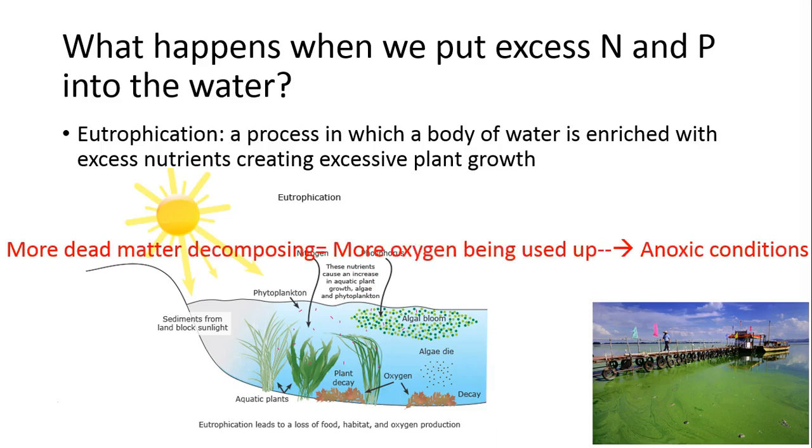More dead matter decomposing equals more oxygen being used up, and that can lead to anoxic conditions, which are conditions in which there's not enough oxygen in the water to support respiring organisms. You can even see fish kills, or major die-offs of fish, due to this.